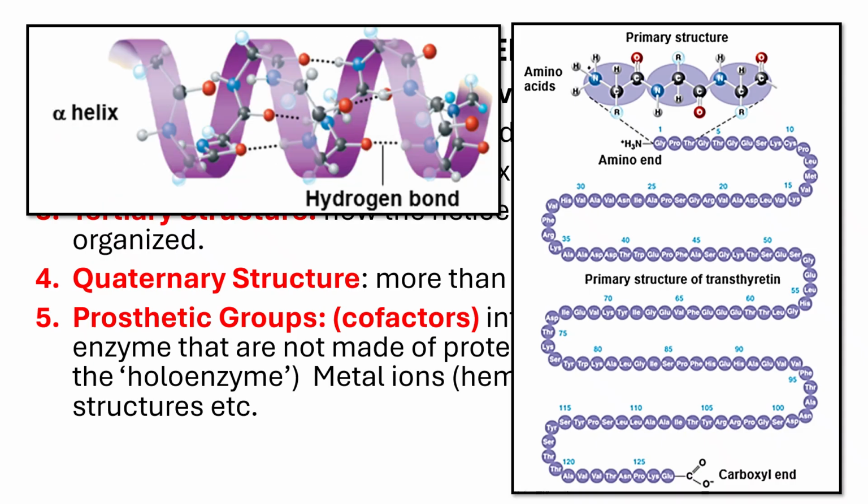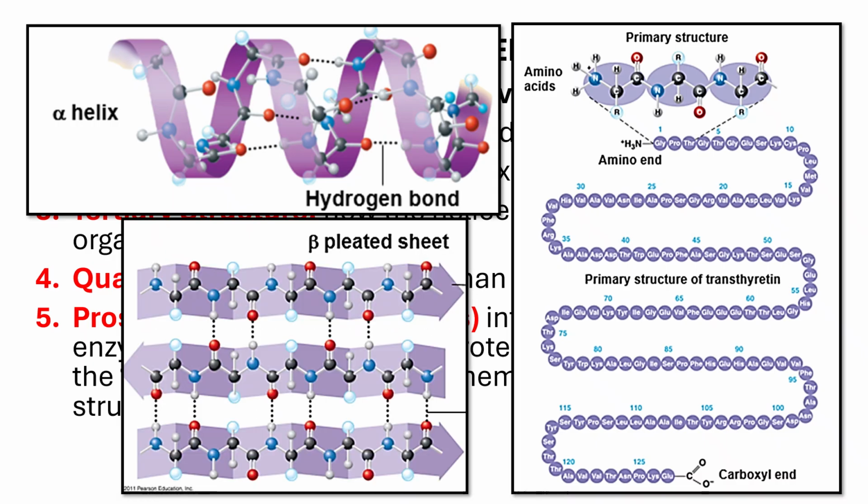Now, once that primary structure has been formed, some of the amino acids will be attracted to each other and some will be repelled by the other ones, and that will cause them to spontaneously form something called an alpha helix. On the other hand, some of the other amino acids will end up attracting and repelling each other and forming a sheet called a beta-pleated sheet, which is a different type of structure.